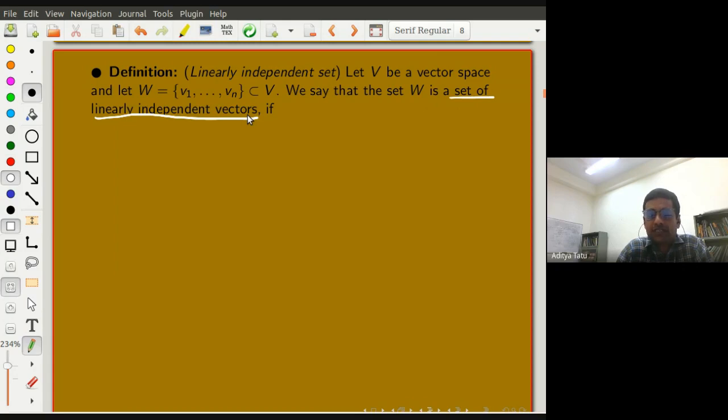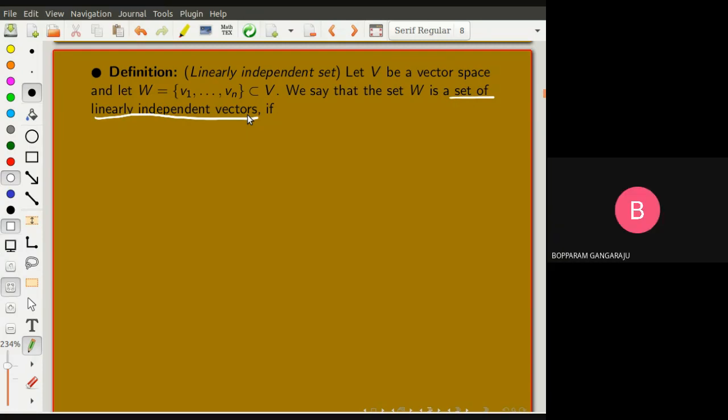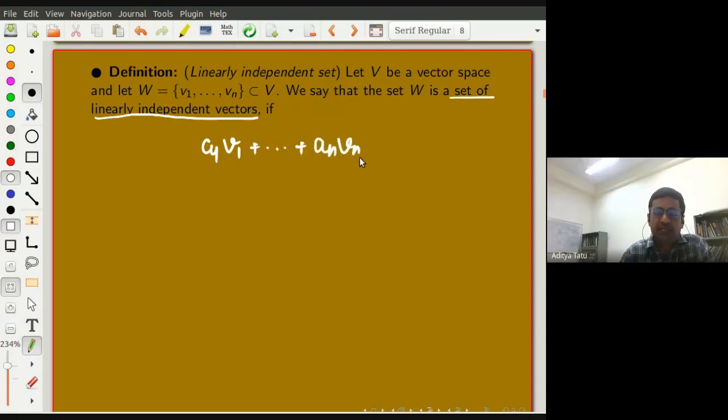then can we say that this set W is linearly independent? c1 v1 plus c2 v2 up to cn vn equals 0, if and only if all the ci's are 0. So if there is a linear combination of these vectors that gives you not 0, but remember theta, then all these scalars necessarily have to be the 0 scalars.